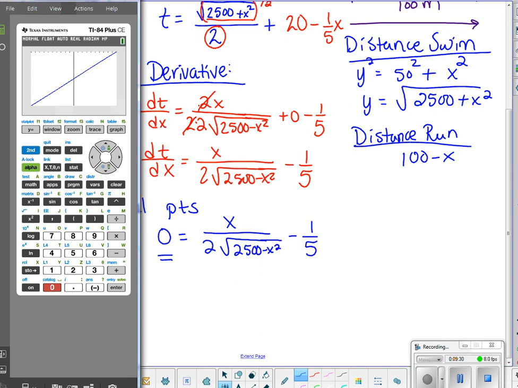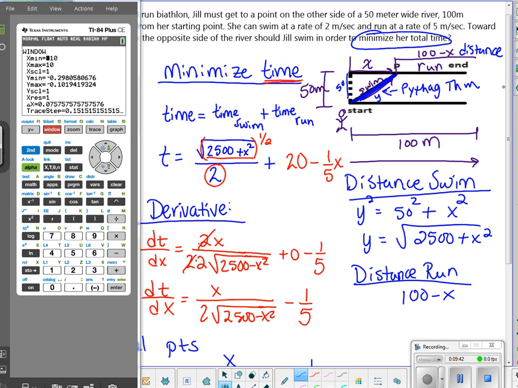I'm going to look at my window. So my x min is -10 to +10. I don't really need to see the negative distance because I know from my application that x is going to be positive. So I think I'm going to shift this a little bit to maybe -2 to positive 25.